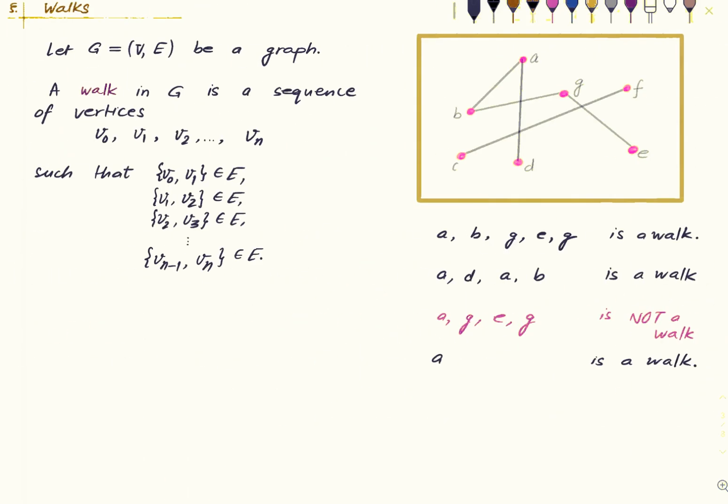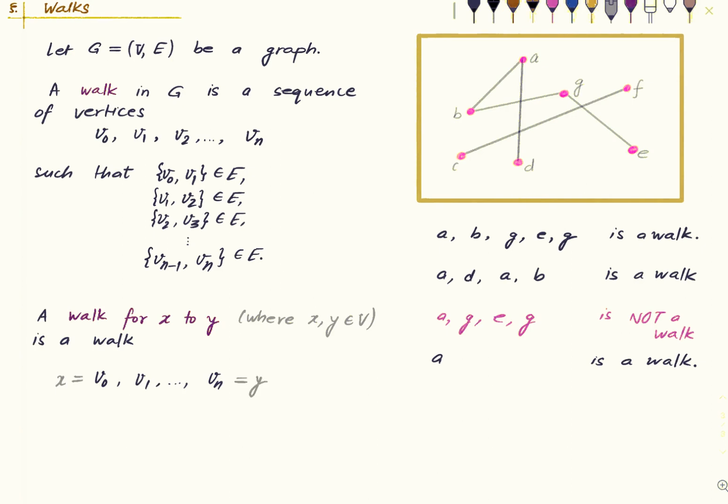So maybe I should also mention a walk from X to Y. We have defined what is a walk, but a walk from X to Y, where of course X and Y are vertices, is a walk which starts at X and ends at Y. So these are called the starting and the ending points, and a walk from X to Y is just a walk whose starting vertex is X and the ending vertex is Y. So in these examples, this is a walk from A to G, this is a walk from A to B, this is not a walk, so we can't talk about it.